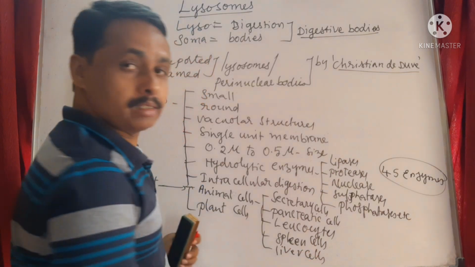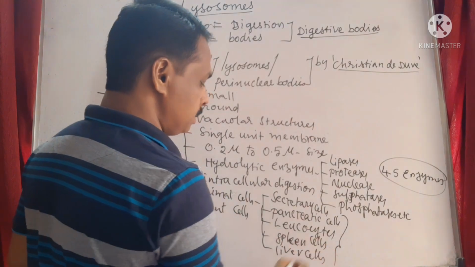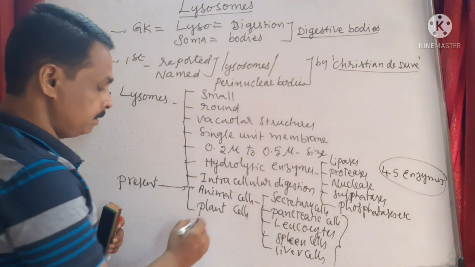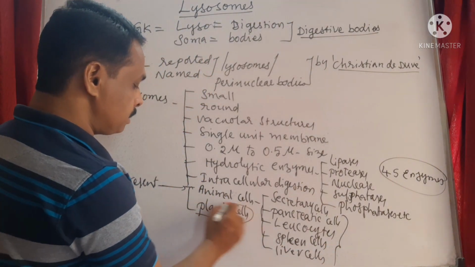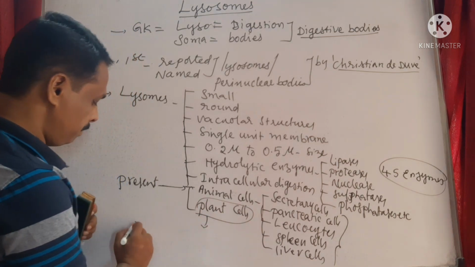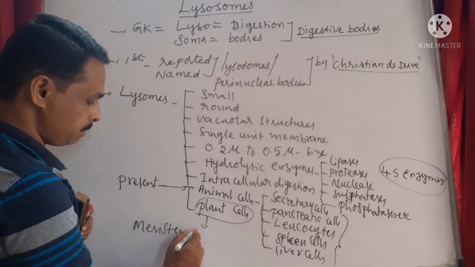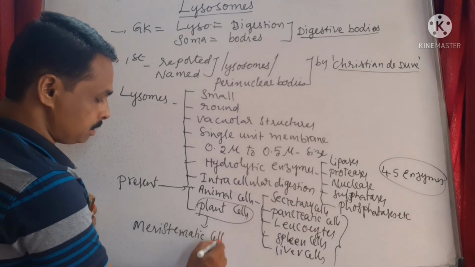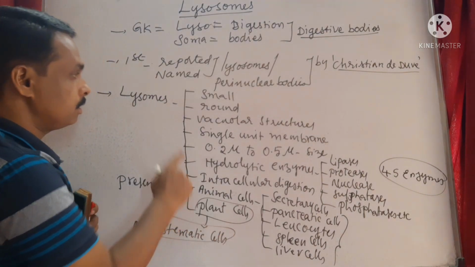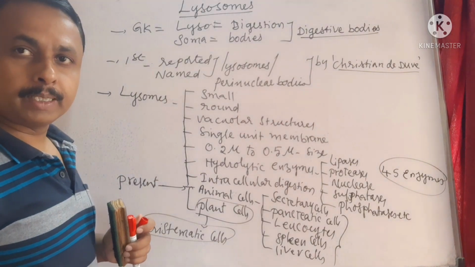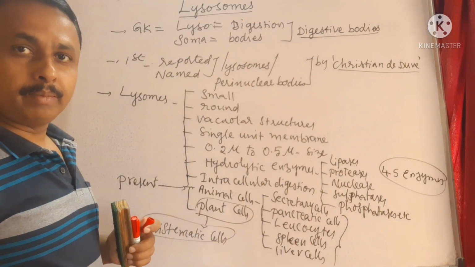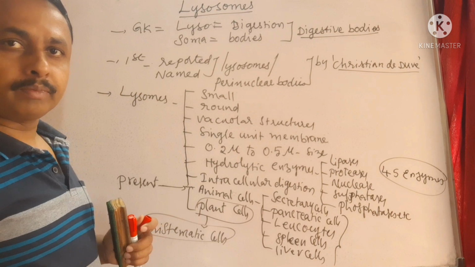In all these animal cells they are present, and in plant cells such as meristematic cells, these lysosomes are present.